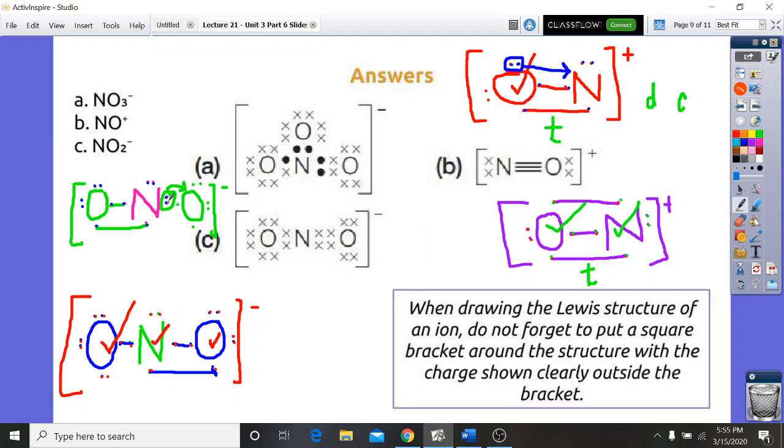This oxygen, 1, 2, 3, 4, 5, 6, 7, 8. Everyone is complete. In this one down here, we said double and single. And here we have double and coordinate. And a coordinate bond is really just like a single bond because it's still just 2 electrons being shared between 2 atoms, just like here. So both of these would be correct.